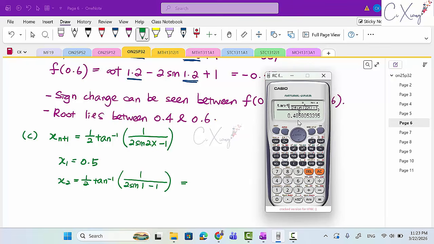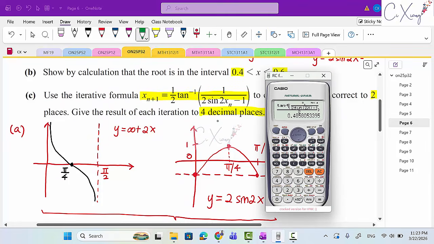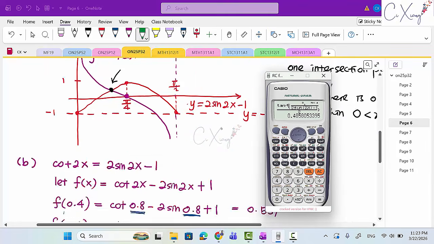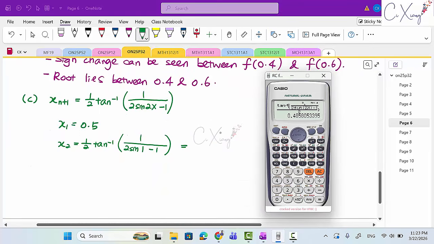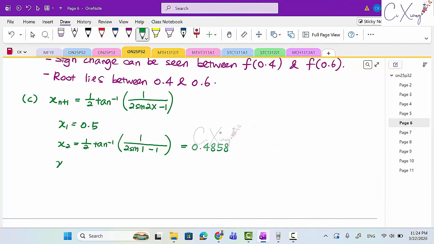What we do is we cut it short into 4 decimal places because in this question, they did mention that your iteration should be in 4 decimal places. Alright, so for me, I'll put in 0.4858. Right, then after that, to get the next value for the x, you substitute 0.4858 into your iteration formula again.